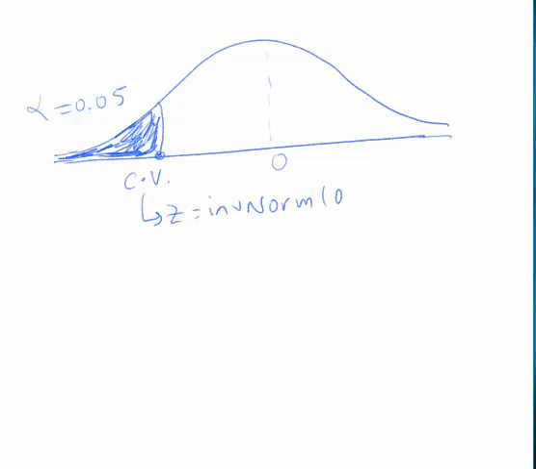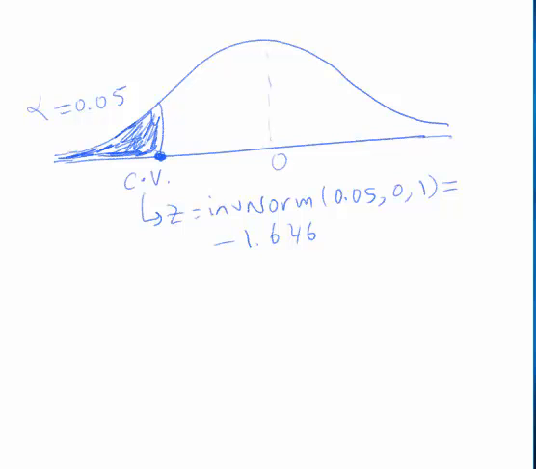You put the area to the left, which is 0.05, you put 0 and 1, and then hit enter, and your calculator is going to produce negative 1.646, I believe. So that will be your critical value right here. And you can use table 5 as well to find this critical value. Just go inside the table and look for the value 0.05, and then read the z-score from there.